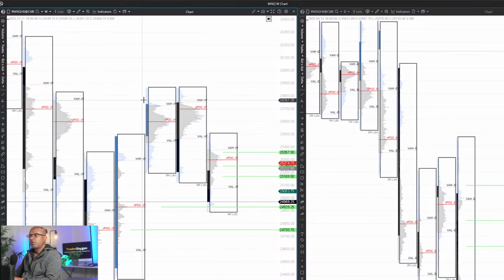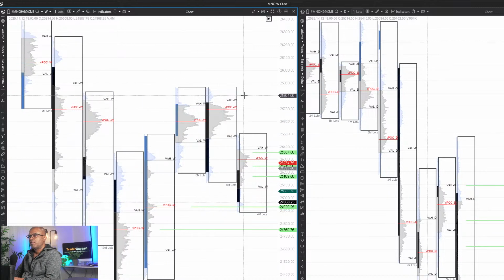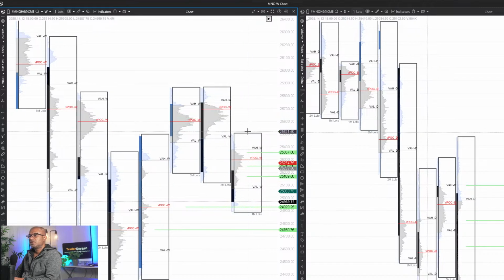Looking at the volume profile, you can see the volume point of controls during the retracement were moving up. However, because of this bearish weekly candle, and because of the possibility of this retracement being over, one possibility for this week is for the price to push down towards this volume point of control or this volume point of control.